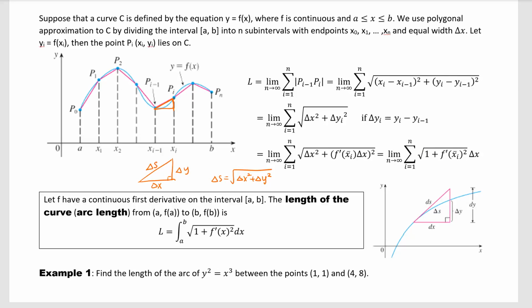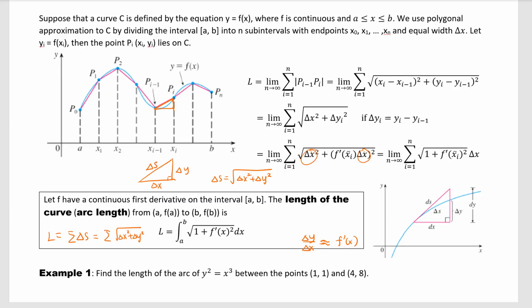So arc length is the sum of all of these changes of s, which we sometimes call the arc length parameter. This is the sum of the square root of change of x squared plus change of y squared. But when change of x is getting close to 0, change of y over change of x is approximated by the derivative f prime of x. So change of y is f prime of x times change of x, and now you can factor out the change of x squared.